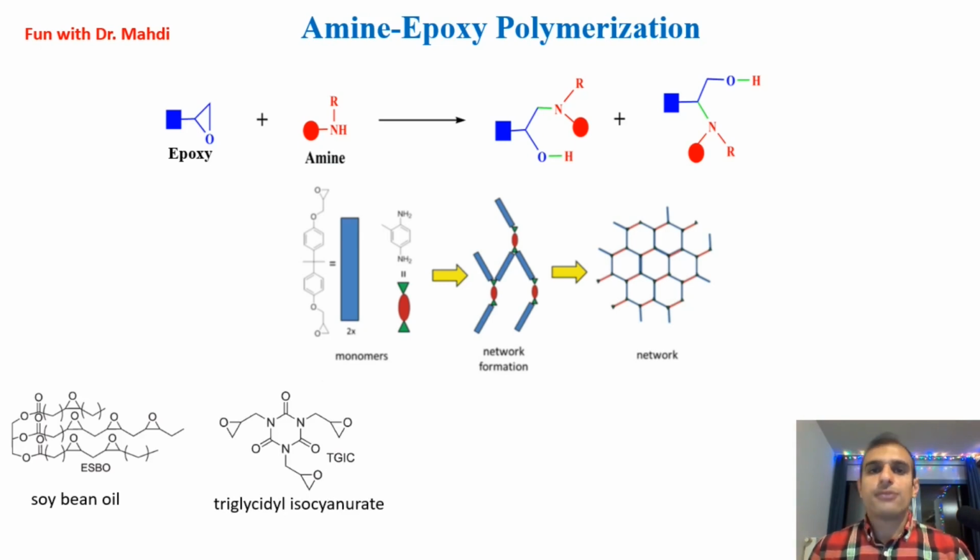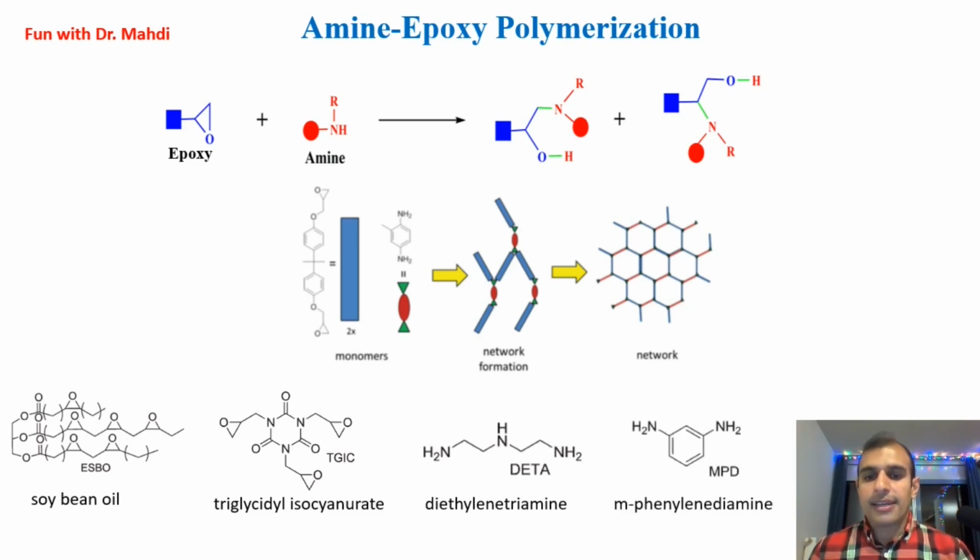And also, if you are looking for a monomer with amine group, for example, you can use diethylenetriamine with 2 amine groups, or m-phenylenediamine with 2 amine groups. There are many chemicals with epoxy or amine. Here, I just wanted to give you some examples.